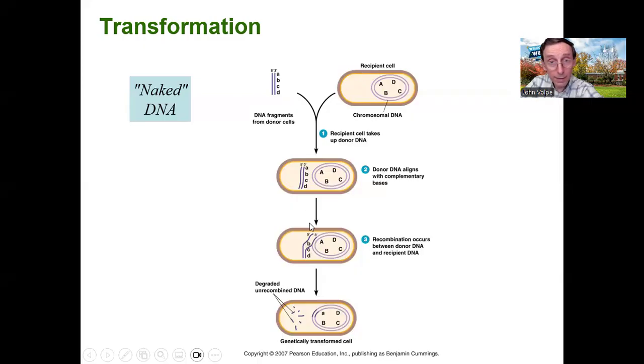And then we get the donor A, bring in the lowercase a, and now the cell can be transformed and change its phenotype. And now it has the lowercase a gene, which is expressed. And now this cell is resistant to the antibiotic. Any question about any of that?